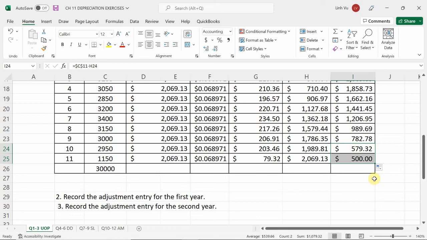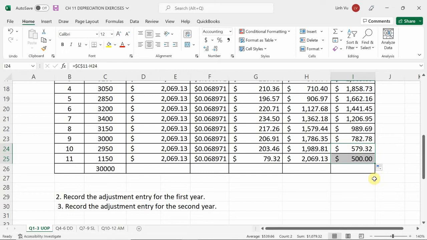But if you're saying for year 10 that I should just write it off at 500, can you do that? No. Why? You haven't produced your capacity yet. It's only if you went over your capacity that you have to adjust it.